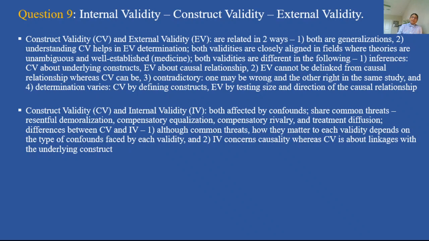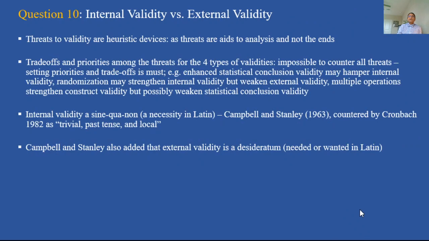Now, let's move to the next point. The textbook says that threats to validity are heuristic devices. What does that mean? Let's see what heuristic device actually means in general parlance. Heuristic devices are typically concepts that are merely used as an aid to analysis.